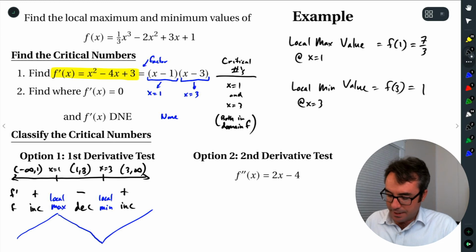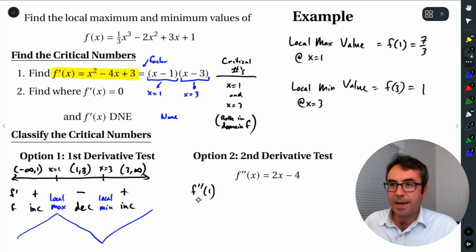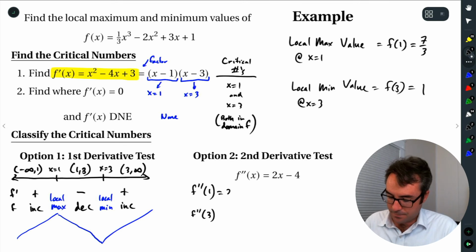What we would do then is take each of our critical numbers, x equals 1 and x equals 3, and plug them into this second derivative. If I take x equals 1 and plug it in here, I get 2 minus 4, so I get negative 2.